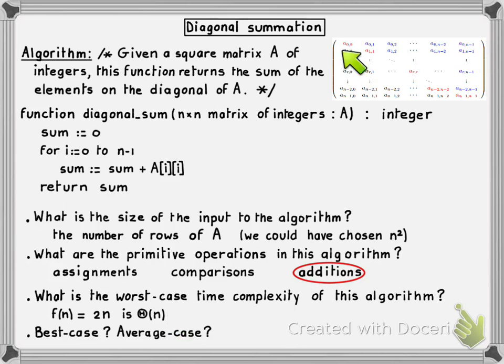Well, it still would have been the number of elements on the diagonal. But in that case, if n is the total number of matrix elements, then the number of elements on the diagonal is equal to what? Well, it would have been square root of n. So I want you to think about that, convince yourself that this is the case, and that in that situation, f of n would have been big theta of square root of n.